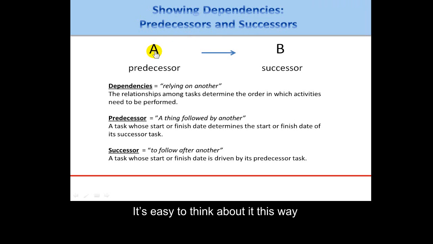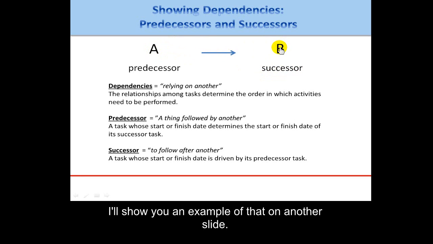So it's easy to think about it this way, that you must complete a predecessor activity, you must complete A, before you can do the successor activity, B. Now, it's not always true that you have to completely finish A to do B, and I'll show you an example of that on another slide. Or it may be that some task you just need to start A in order to start B.